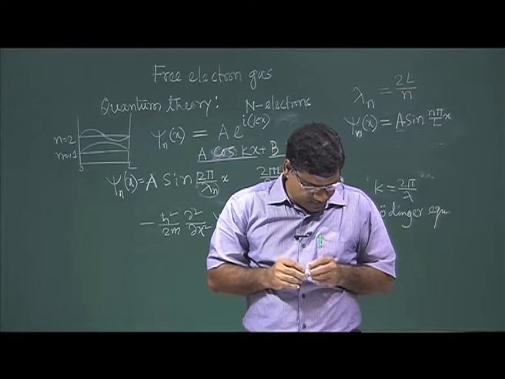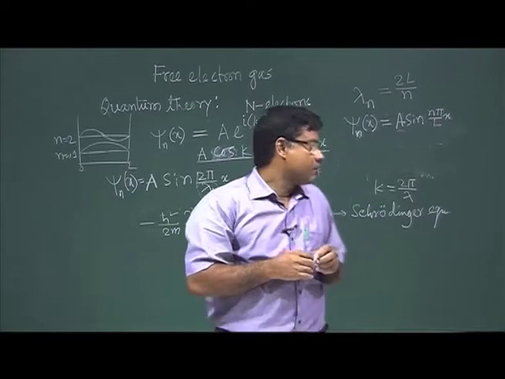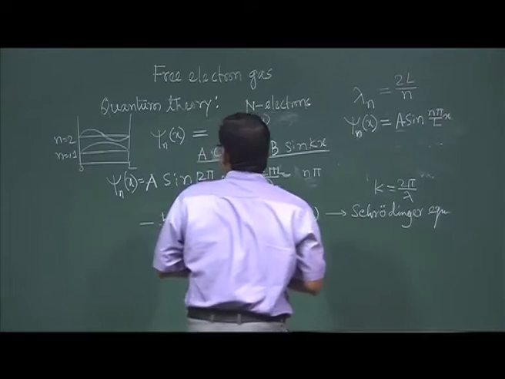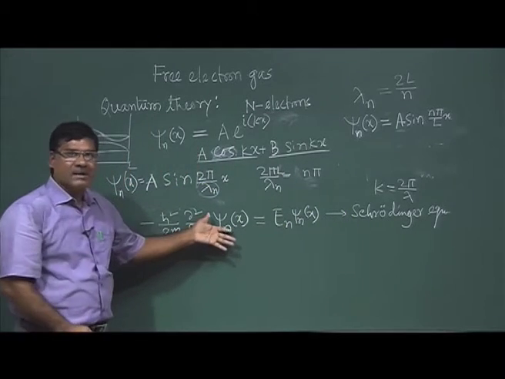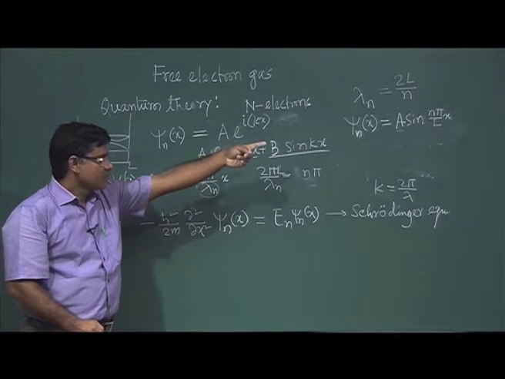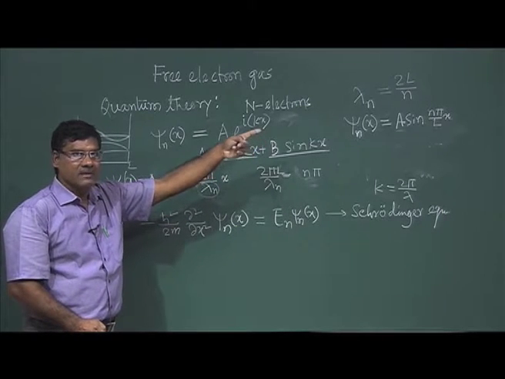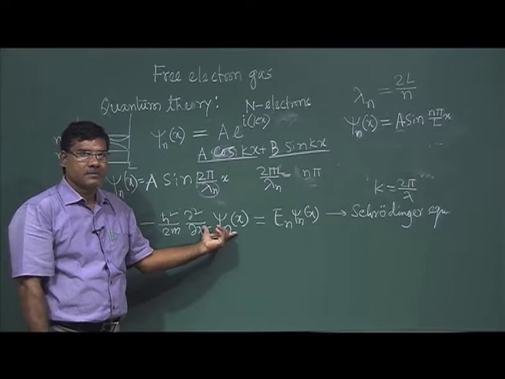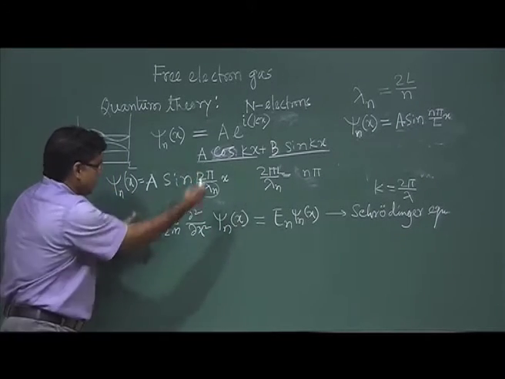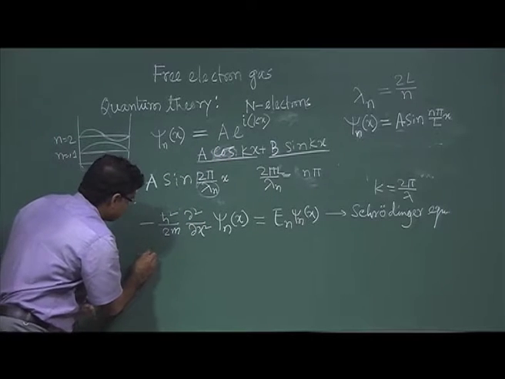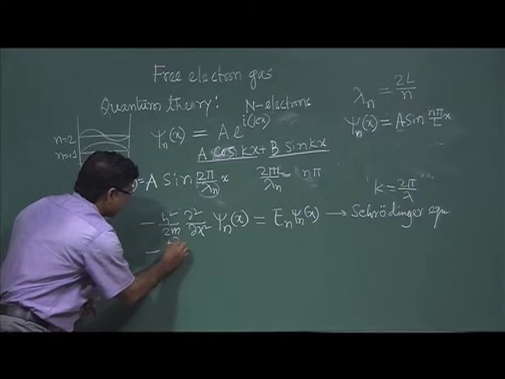For that, what is your equation? This wave function I have chosen, that is the form, now it has to satisfy this Schrodinger equation. So, if I put this wave function here, minus h cross square by 2m.